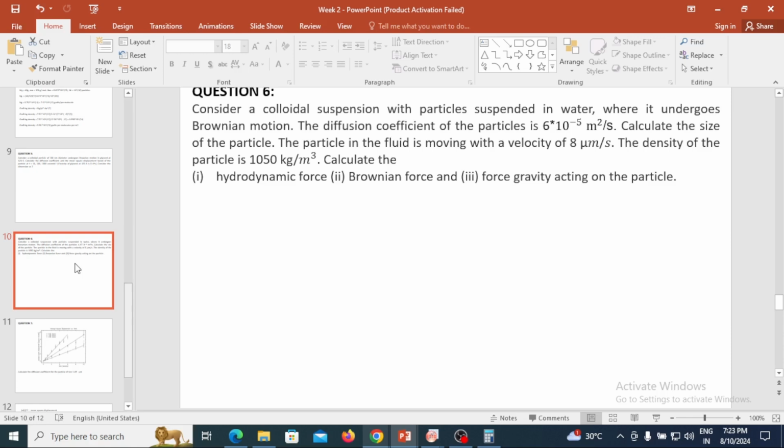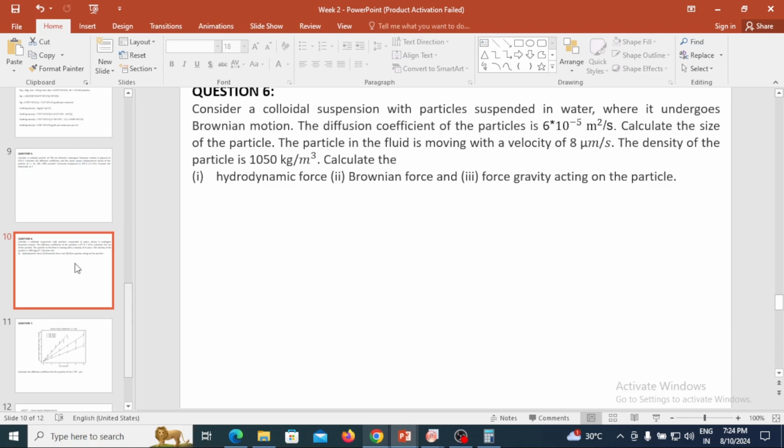They are saying that the particle in the fluid is moving with a velocity of 8 micrometer per second, so 8 times 10 to the power minus 6 meter per second. So you can see how small the velocity is. And then they are saying that the density of the particle is 1050 kg per meter cube. They are asking to calculate the hydrodynamic, Brownian, and then the gravitational force. So how do you calculate this?